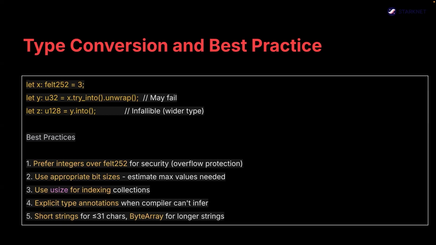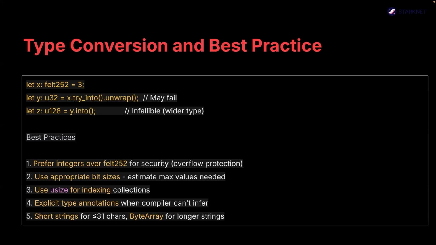So in that situation, we use into to convert the u8 into u256. But if it is vice versa, and we are trying to convert from u256 to u8, we are going to use try_into. Because in this situation, under the hood, if the number is larger than the maximum of u8, we are going to panic.